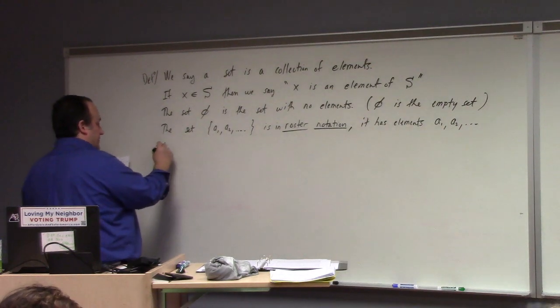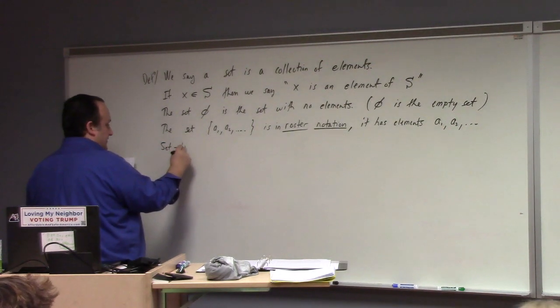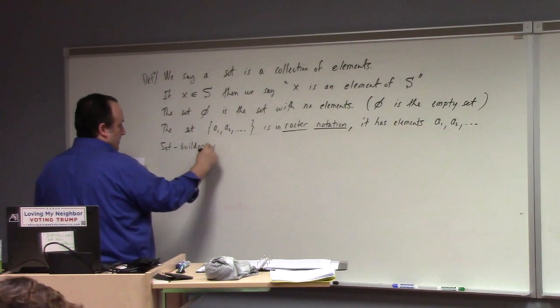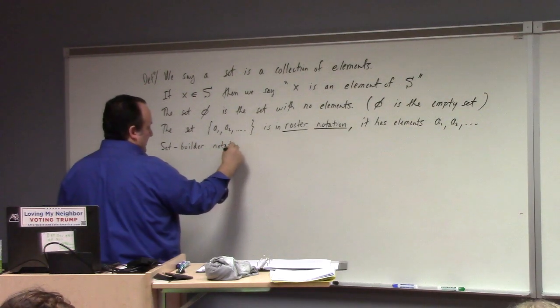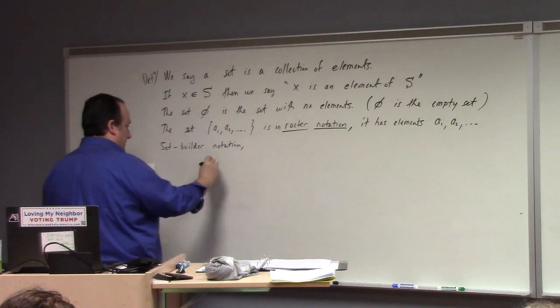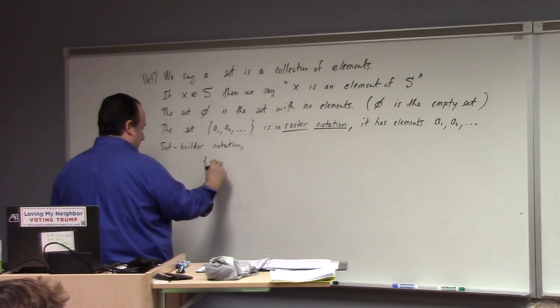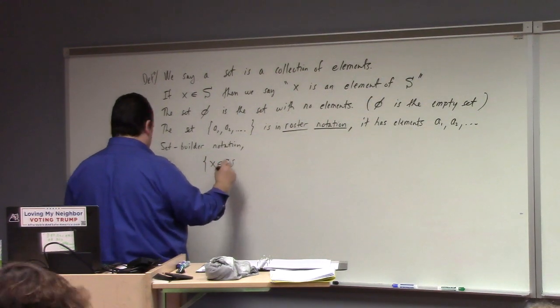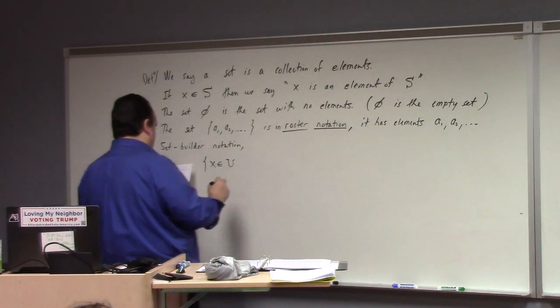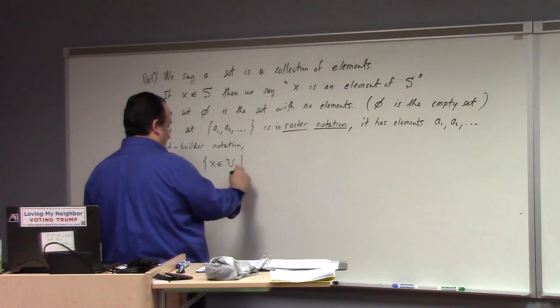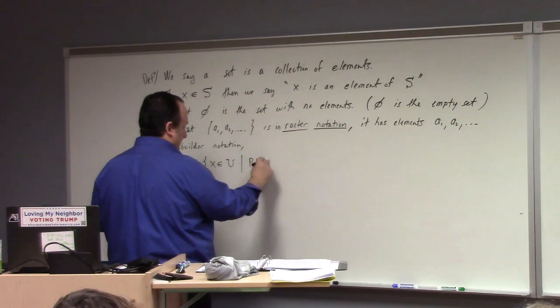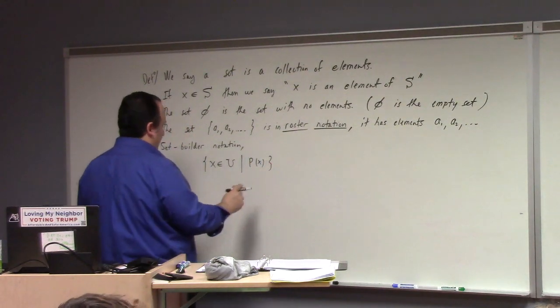We can also use set builder notation. What's set builder notation? We often use this notation. Here's how that goes: {x in U | P(x)}. That's supposed to be a curly bracket.